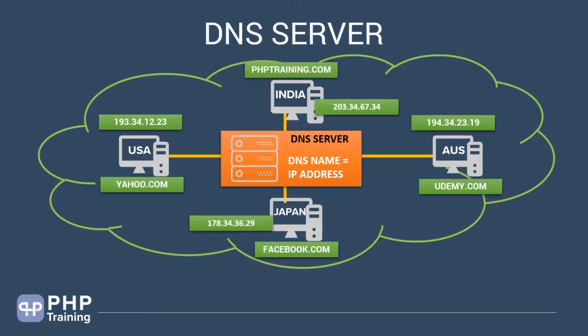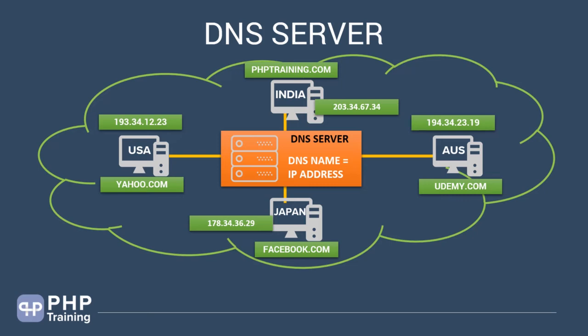So if you look at the internet as a whole, every computer has an IP address and every computer gets to have a DNS name. Okay, and then there are DNS servers sitting in the internet. Whenever someone types the DNS name, then that DNS name is converted into an IP address first, and then the communication happens on that IP address.